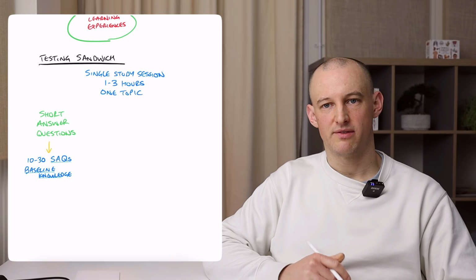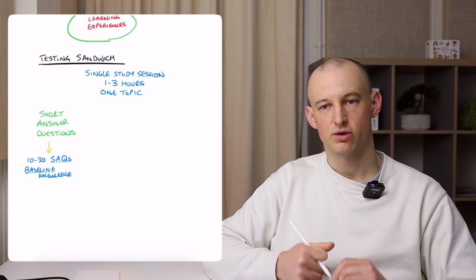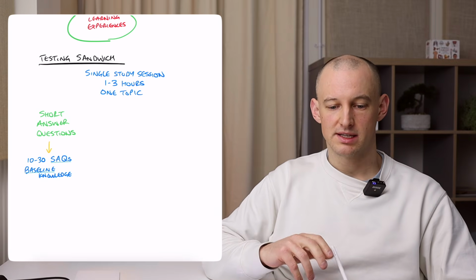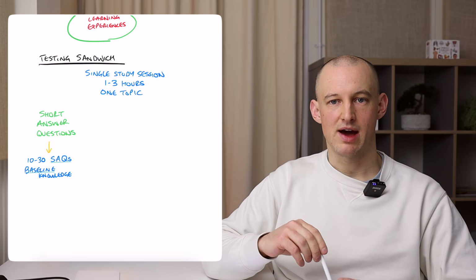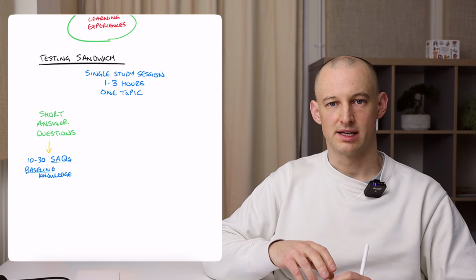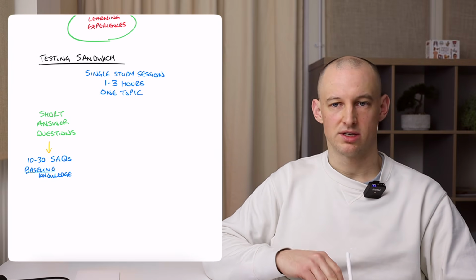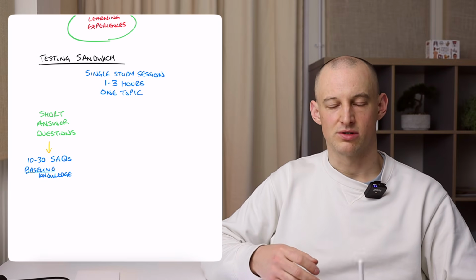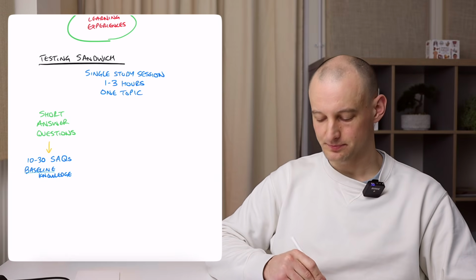So if it's been a few weeks since you studied cardiology, or this is the first time you've ever studied cardiology, by doing these short answer questions and figuring out how much you know, you get an understanding of your baseline knowledge. So you know your baseline knowledge on cardiology is like 35% or 60% or 90% if you're really good at it.